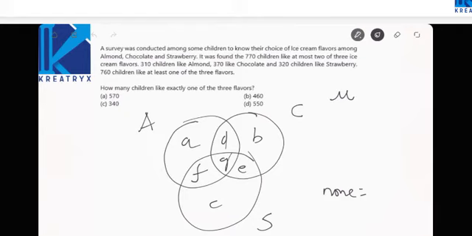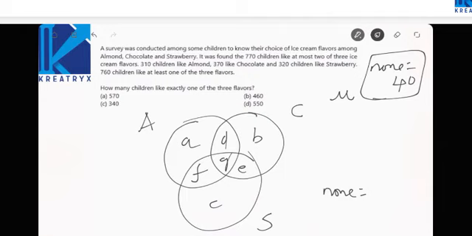Again see here, data is left here. The people who don't like any of the flavors is given as 40. None is 40, right? Include this point. The persons who don't like any flavors are 40. Okay.